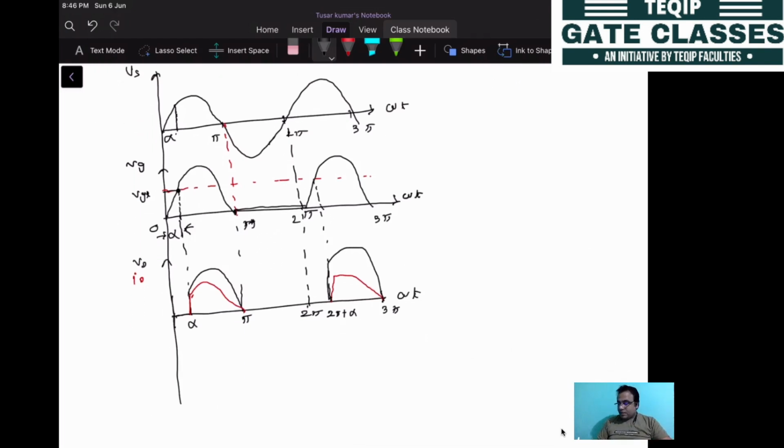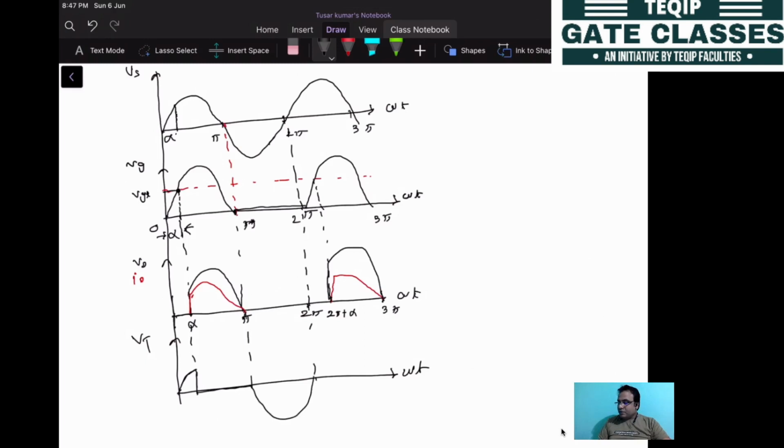Now after getting this one, the last thing you will be drawing is nothing but the voltage across the device when it is switched on. So now at this instant it is switched on. So again the Vs minus V0. So you will be getting the Vs like this. Up to this period it will be 0. Then the negative half cycle will be appearing across the device again.